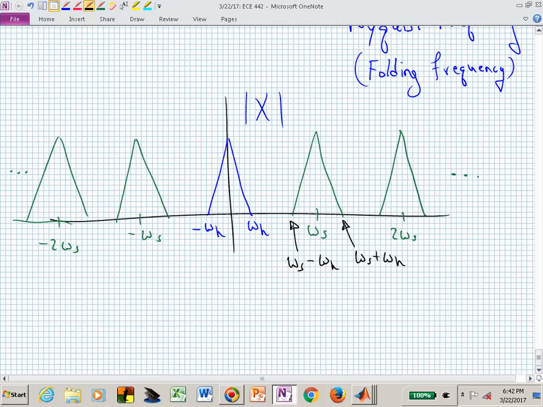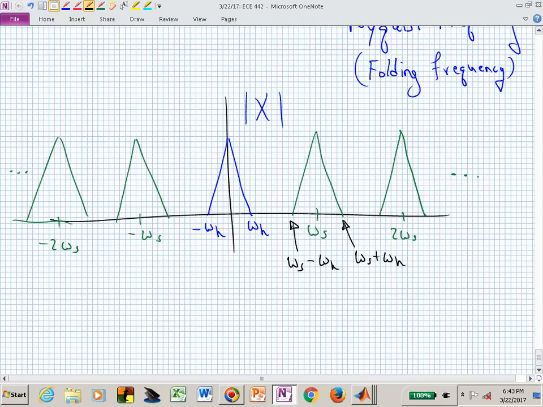But if I do not want these to overlap, what do I want to ensure? If I do not want these triangles overlapping, so I don't want frequencies from one bleeding into another triangle, I need to make sure that this leftmost frequency of the green triangle is not down and touching the rightmost blue frequency.